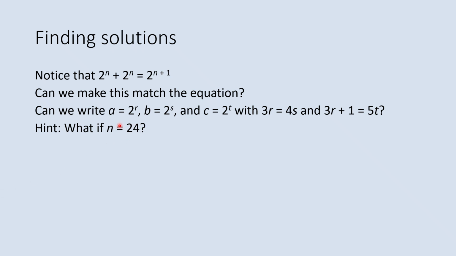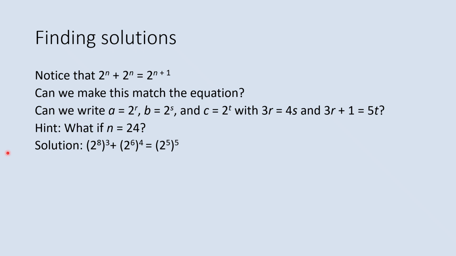Again, pause the video for a moment and see if you can figure out what r, s, and t need to be in order for these values, 3r, 4s, and 3r plus 1, or 5t, to match the structure up here.